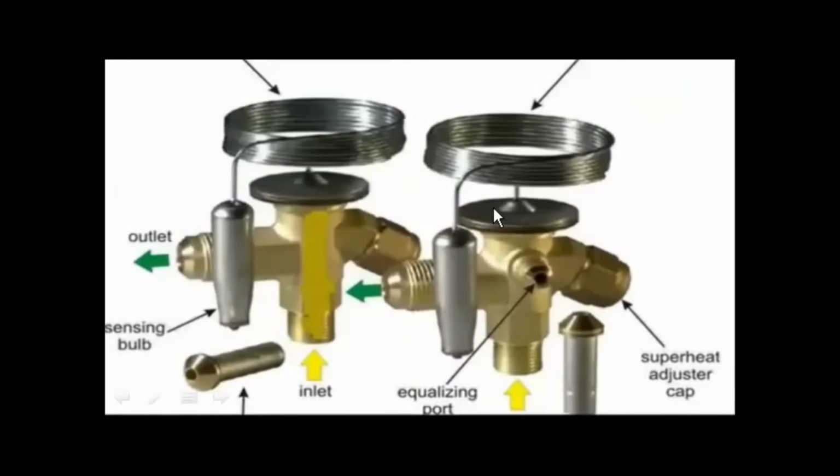This is the image of the thermostatic expansion valve and its main features: the sensing bulb, the outlet, the inlet, a closing port, and the superheat adjuster cap.